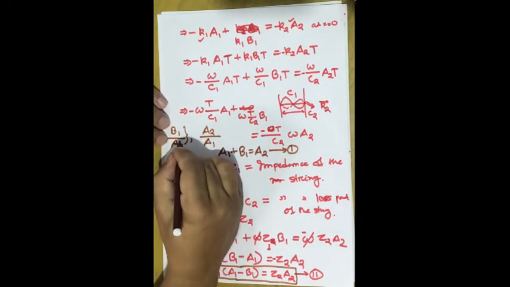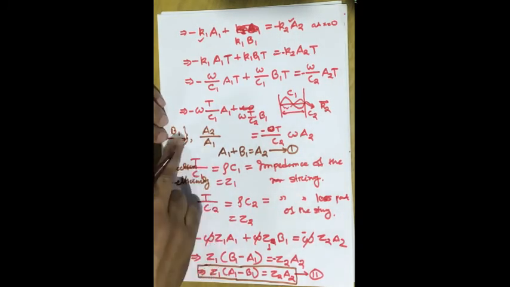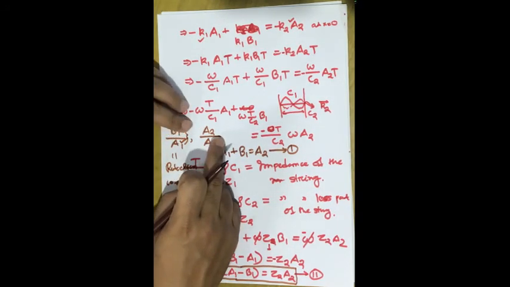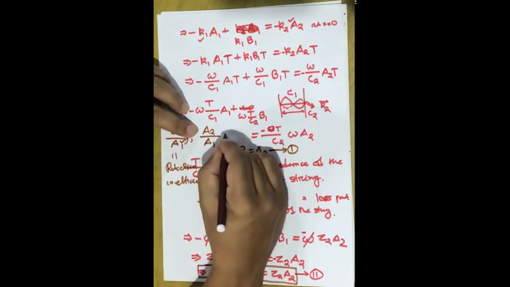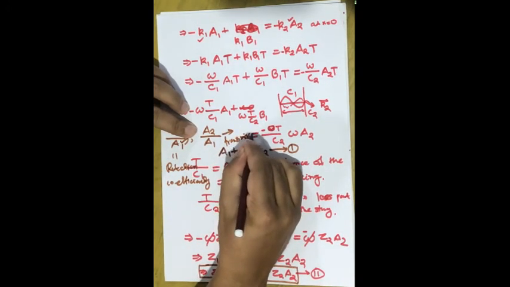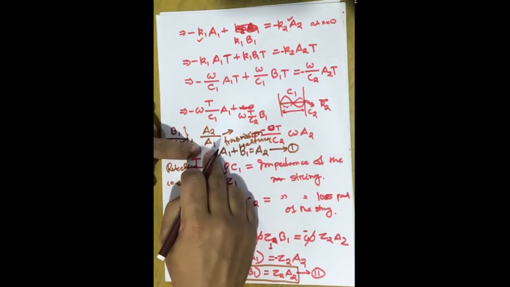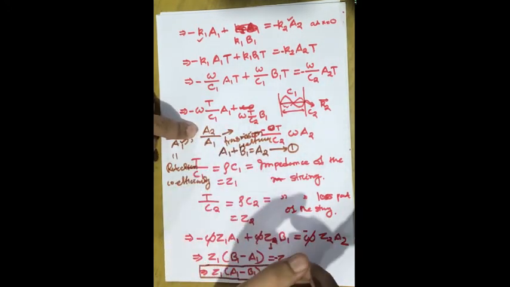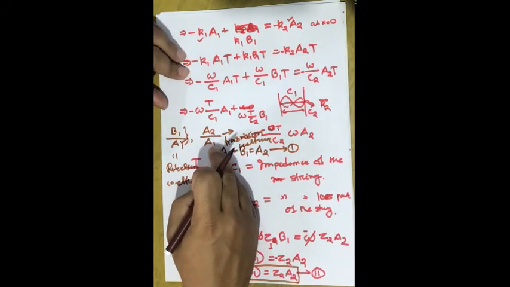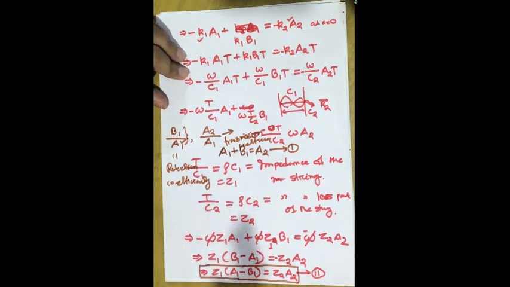The incident wave is A1 and how much it will be reflected is given by the ratio B1 by A1. Similarly, as you could have imagined, A2 by A1 gives the transmission coefficient, because the incident wave is A1 and a part, A2, will be transmitted. Therefore the ratio A2 by A1 is going to give us the transmission coefficient.